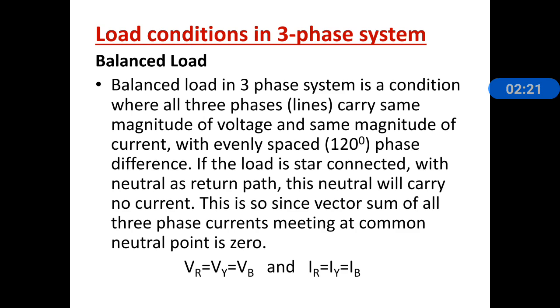This is so since the vector sum of all three phase currents meeting at the common neutral point is 0. So there is absence of neutral current. So VR equal to Vy equal to Vb and IR equal to Iy equal to Ib. All currents are the same and all voltages are the same in balanced condition.